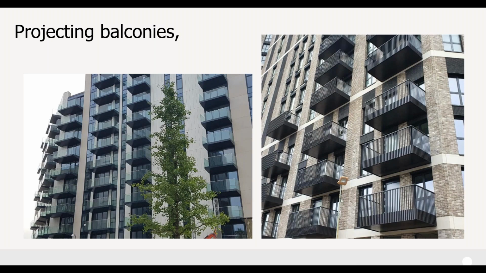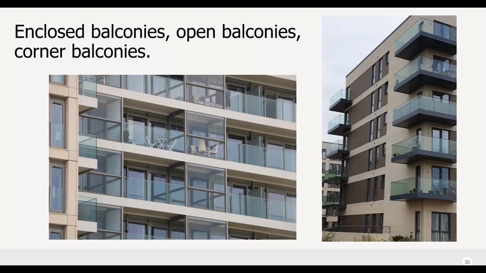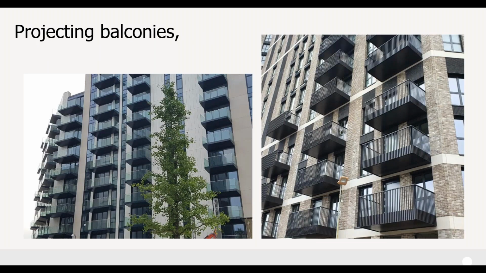Most common is probably the projecting balcony, typically rectangular but can be shaped, and as you can see there, with a whole range of different balustrades, which we'll talk about during the presentation. The sizes of those obviously are often determined by the London Housing Guide, so typically from 3 to 9 meters.